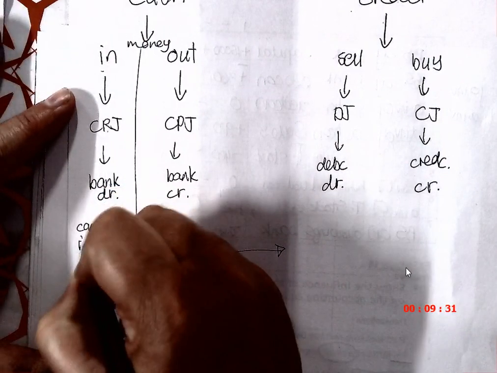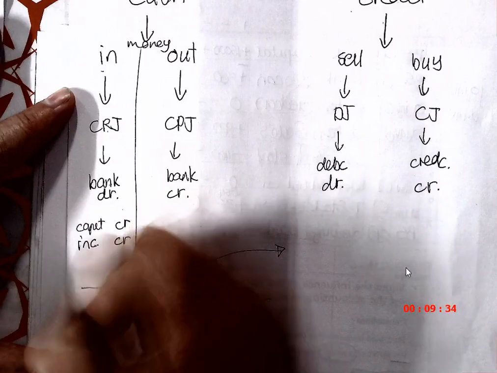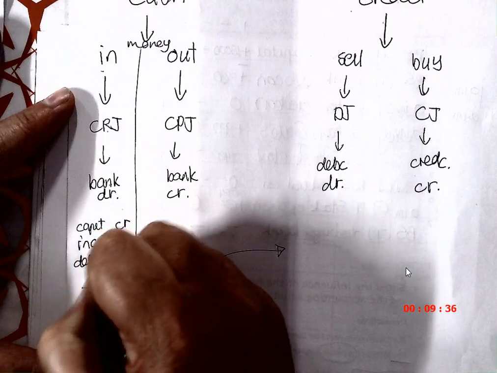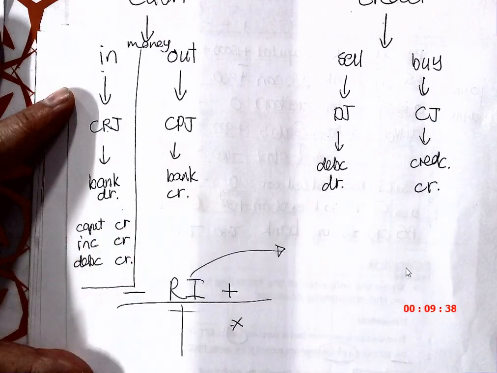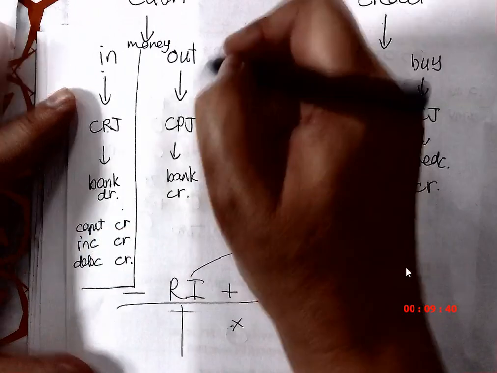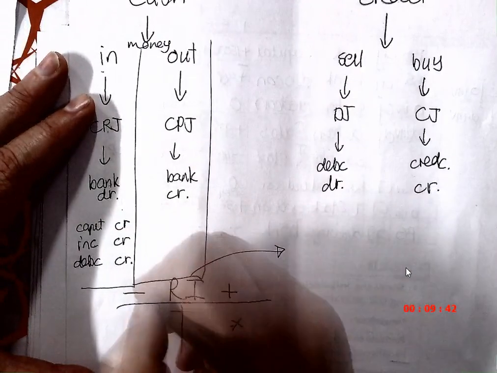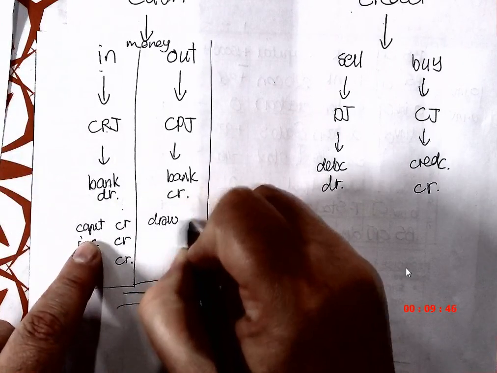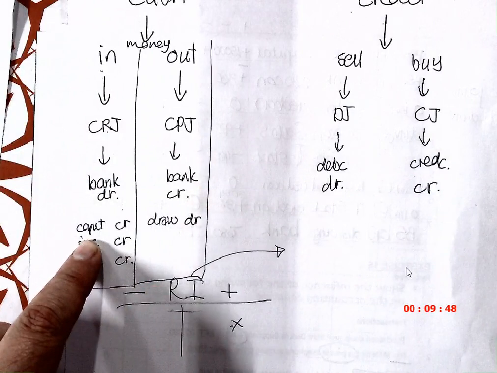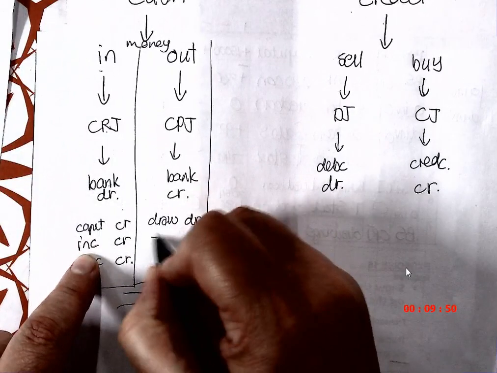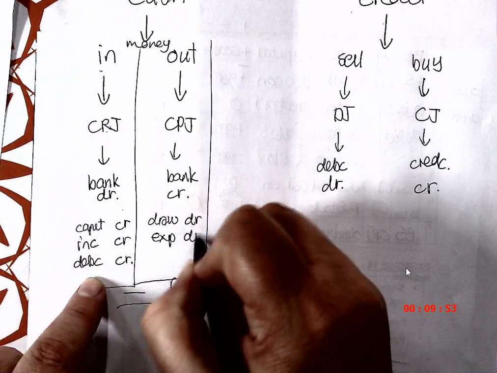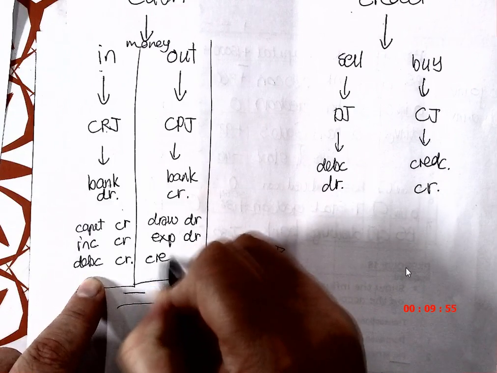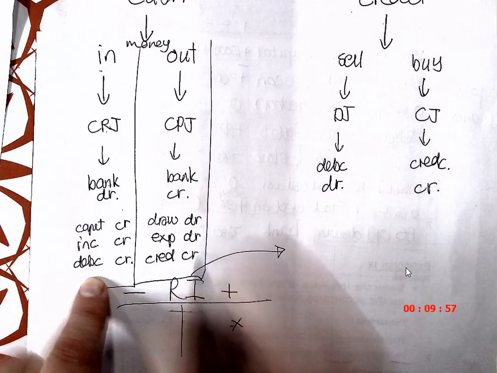It can be any income, or it can be debtor's control. Right? If it's money going out, obviously it can be drawings. And now that would be debit. It would be expenses. And it would be creditor's control. Can you see?